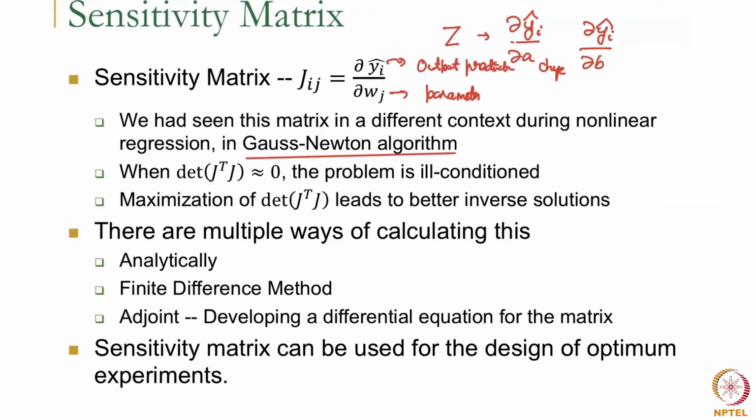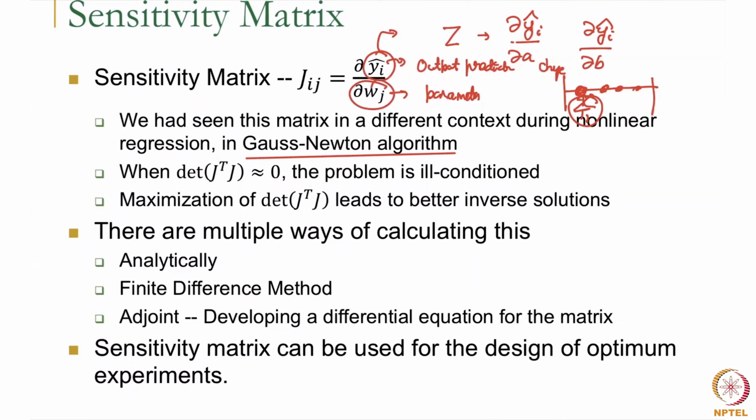So in case you determine this matrix, you are given all these places where you are measuring your outputs, or in this case, I had only a single output. Many times we simply had temperatures, or we could have 6, 7 temperatures. So Y1 hat in our slab example would mean T1 hat, the temperature at location 1. So the question is, suppose I change the location a little bit, then how sensitive is this change in location to the change in parameter?